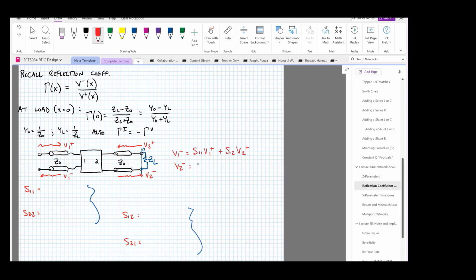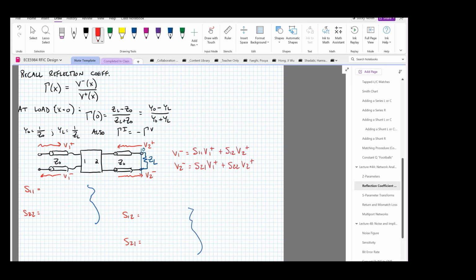And V2 minus is equal to S21 times V1 plus, S22 times V2 plus. It's very similar to the form that our parameters took before. I should note that you can do a transformation from any set of network parameters to any other set of network parameters.